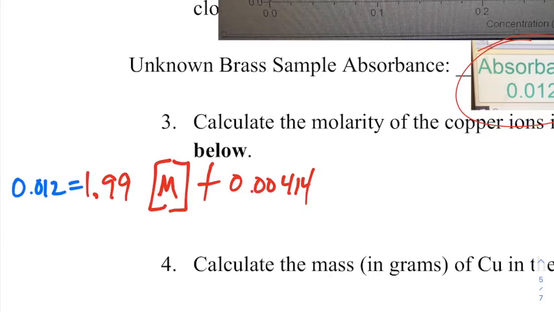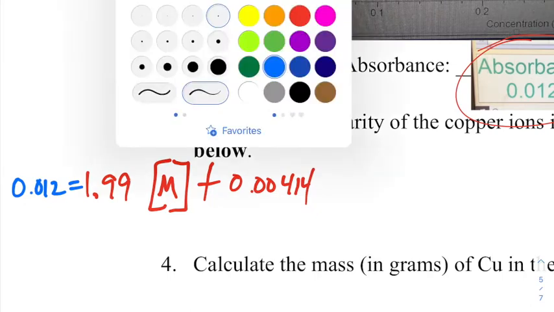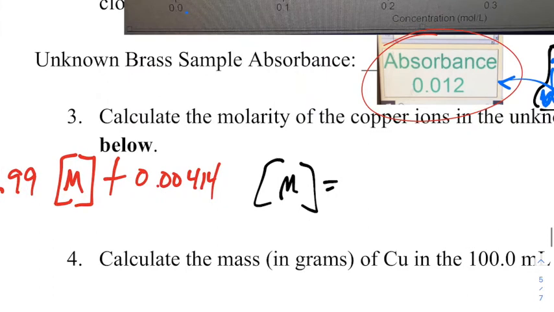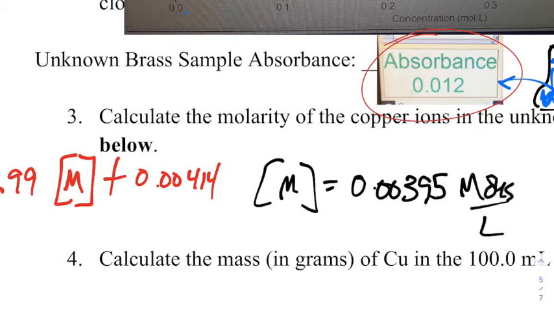Then I can figure out what the concentration is. 0.012, subtract out the 0.00414, and divide by the 1.99. It looks like the concentration of my solution, the molarity, was 0.00395 molarity, which again is moles per liter.